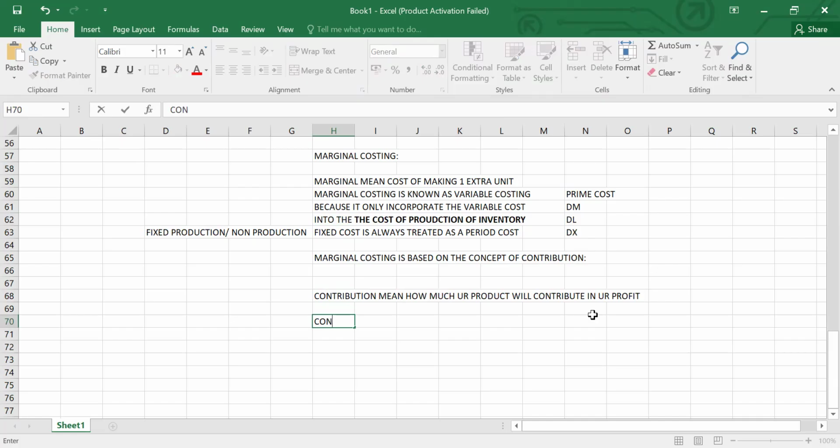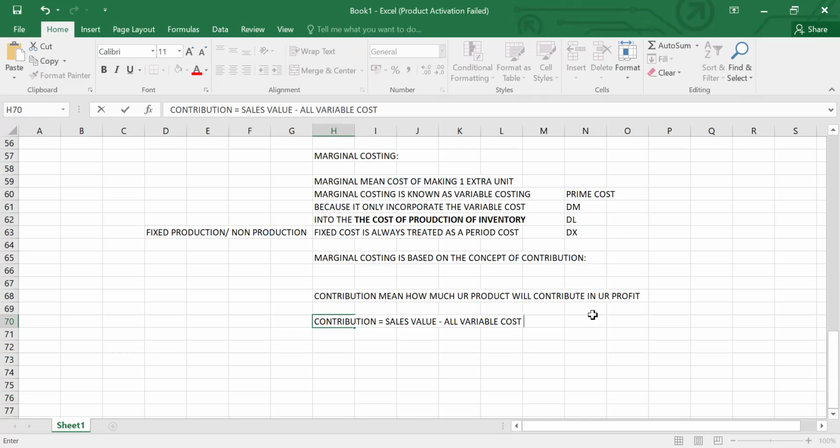Contribution means the sale value of that product minus all variable cost of that product. You are selling one item for $10. You are making that item for $5. 10 minus 5, $5 is the contribution. That one product will contribute $5 towards your profit.